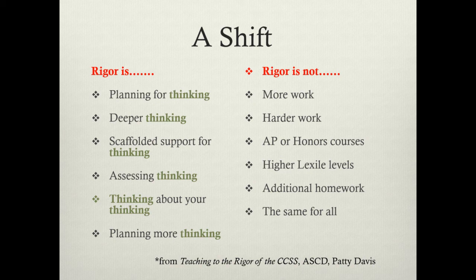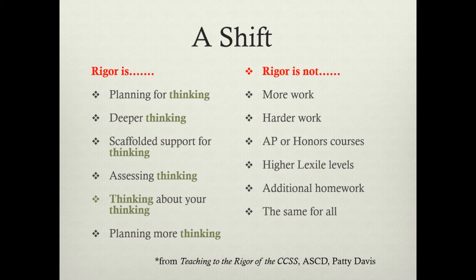So let's look at the left side of the slide. Rigor really is planning for thinking ahead of time, not on the spur of the moment while reading and stopping to discuss, but intentionally and sequentially deciding in which direction the thinking will go, and planning questions, assignments, and activities to lead to deeper thinking.